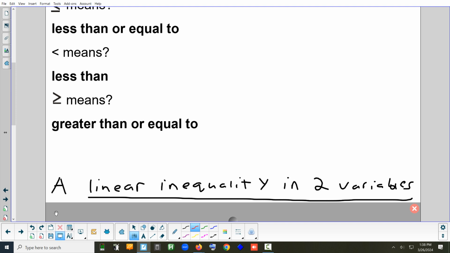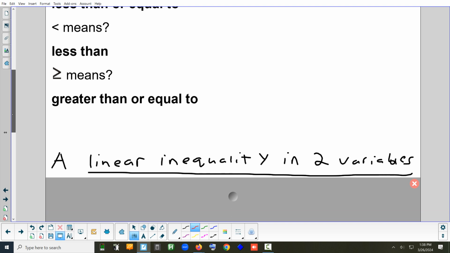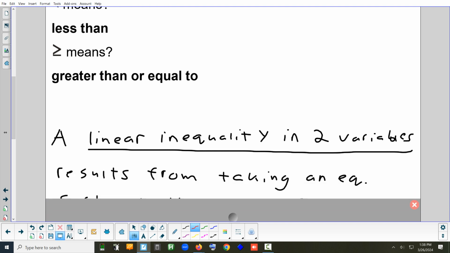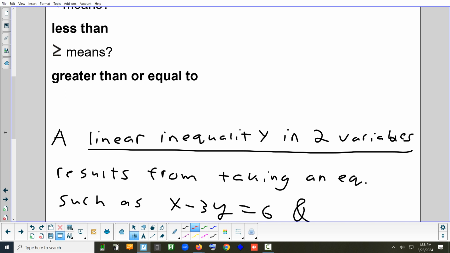All right, so the first thing on your guided notes, it says a linear inequality in 2 variables. I'll show you the part you need to write down. The difference between an equation and an inequality is that thing I just circled. What is that called? That's an equal sign.